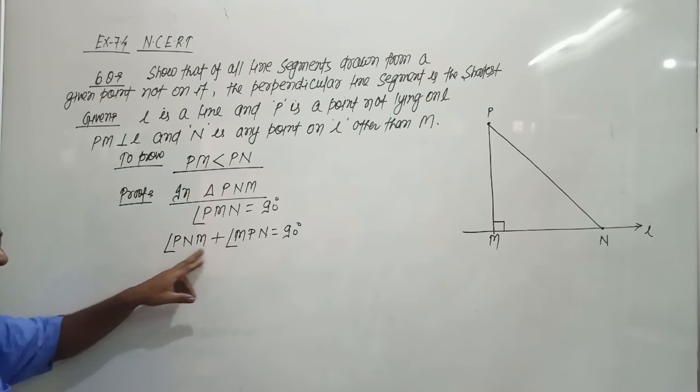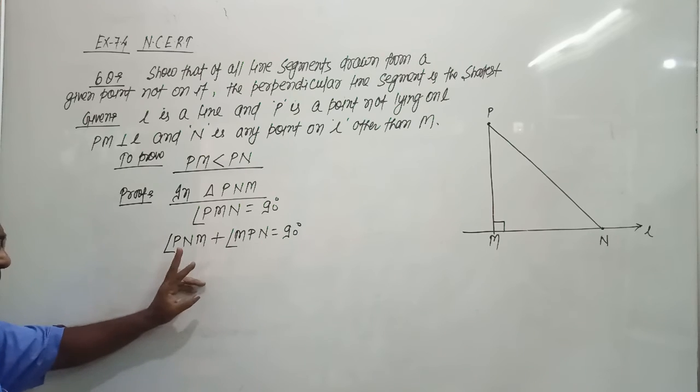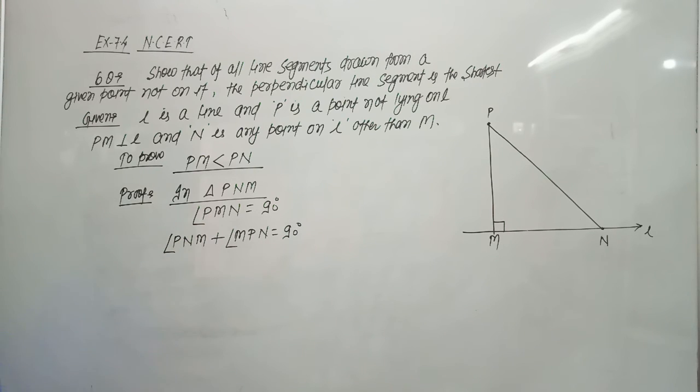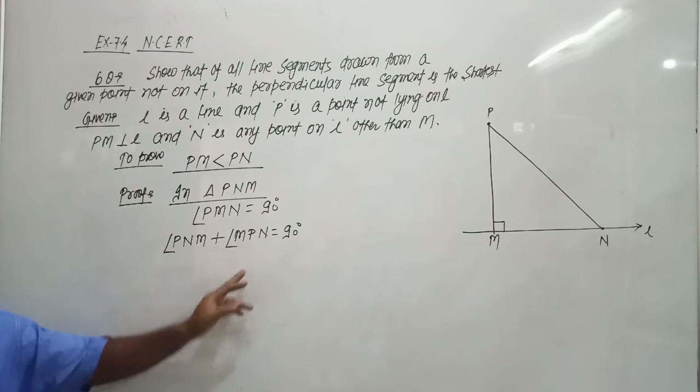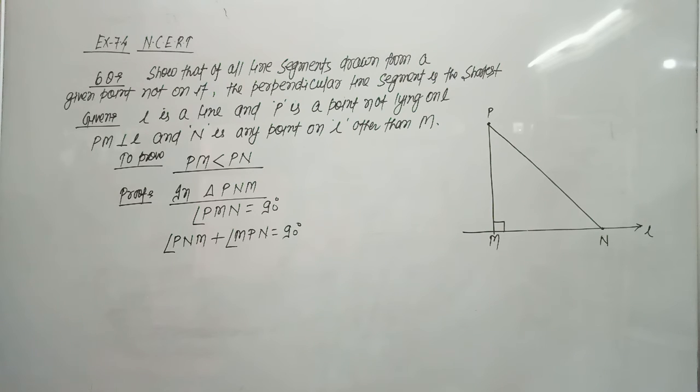It means these two angles, PNM and MPN, are each less than 90 degrees.